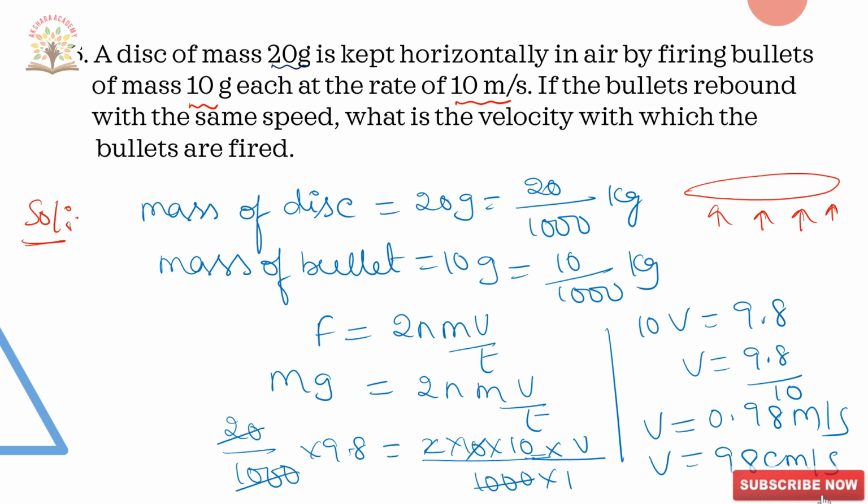This is the final answer. So v is equal to either 0.98 meters per second or 98 centimeters per second. Thanks for watching this video.